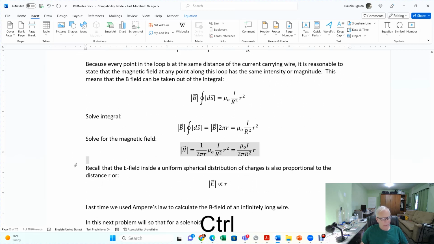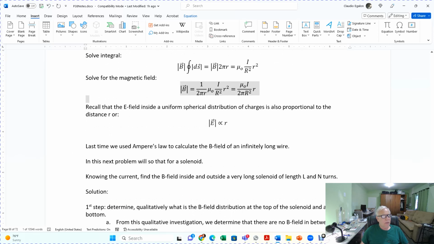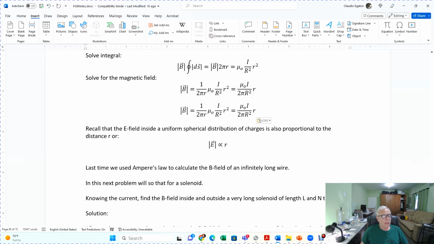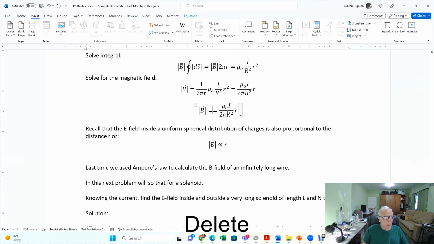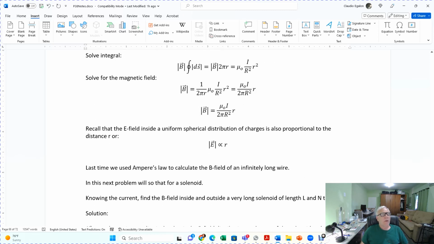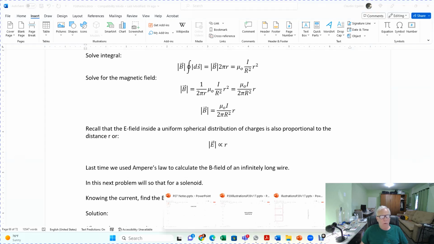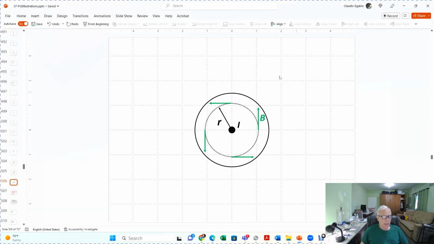So inside that loop, inside the cross section of the wire, the magnetic field increases linearly with r. If we repeat that for a loop in the region outside the wire, now it's going to enclose the whole current, and you get the same result as you got for the infinitely long wire.